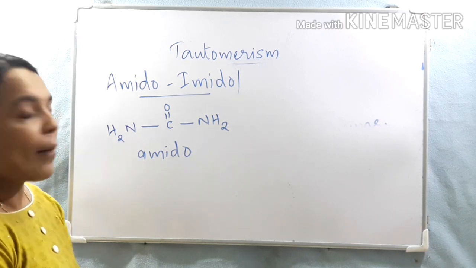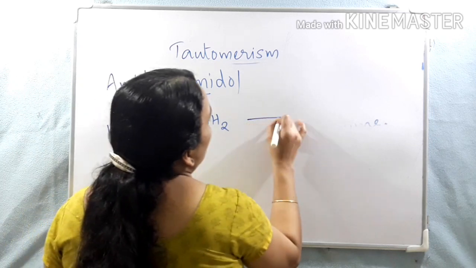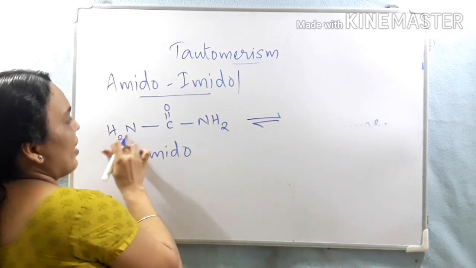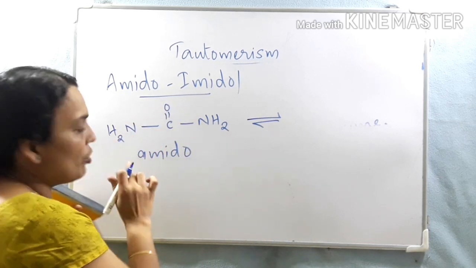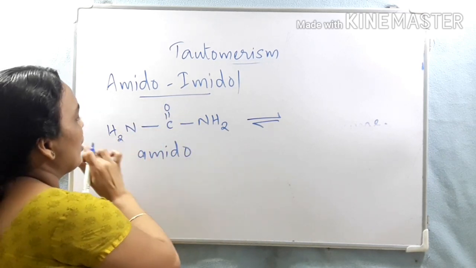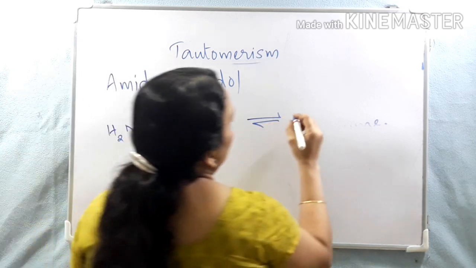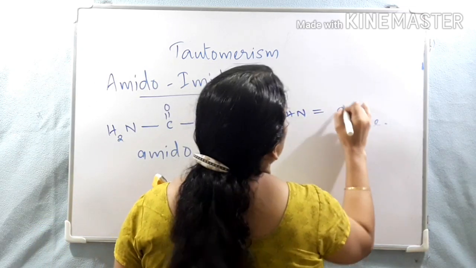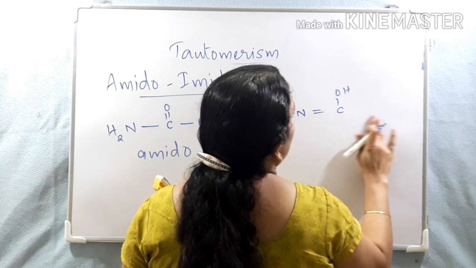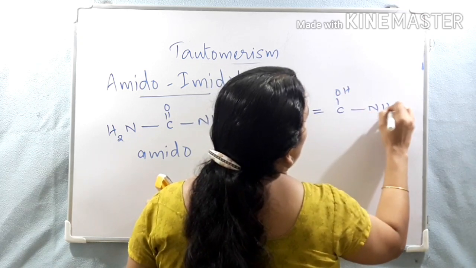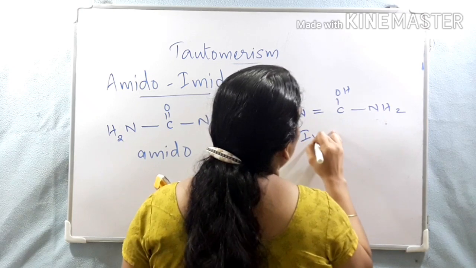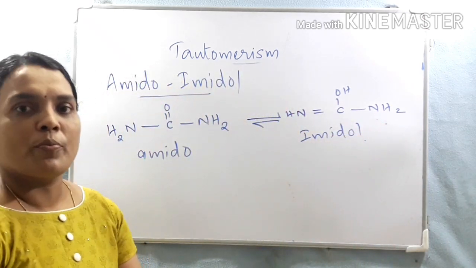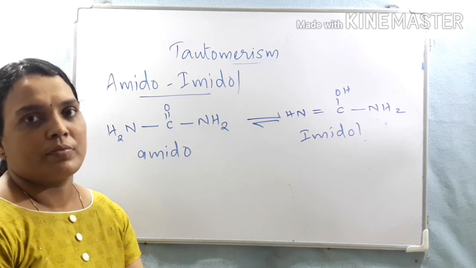This is called the amido group, and here this is alpha hydrogen. Here the keto group is the functional group. So this hydrogen is eliminated from here. So we have NH double bond C, OH, NH2. This group is called imidol.